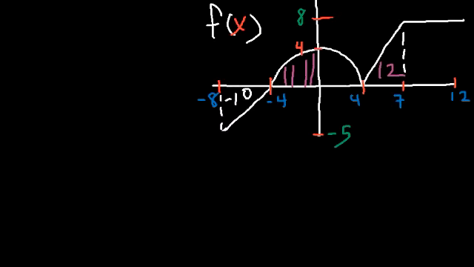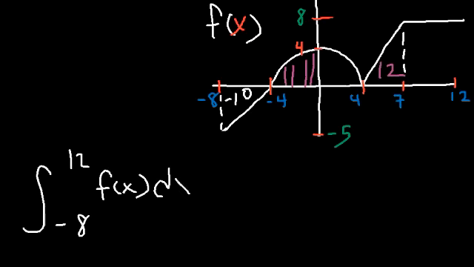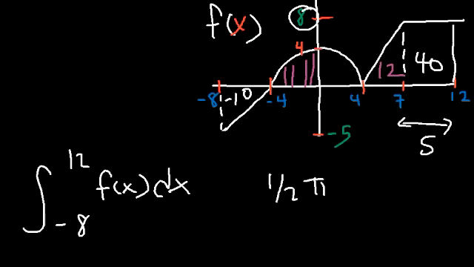Now, what is the value of the integral from negative 8 to 12 of f of x dx? So this is going to be everything. We have the area of this triangle, which is 12, and this one is negative 10. Now here we have a rectangle with a length of 5 and a height of 8, so the area of the rectangle is 40. For the semicircle, it's 1/2 pi r squared.